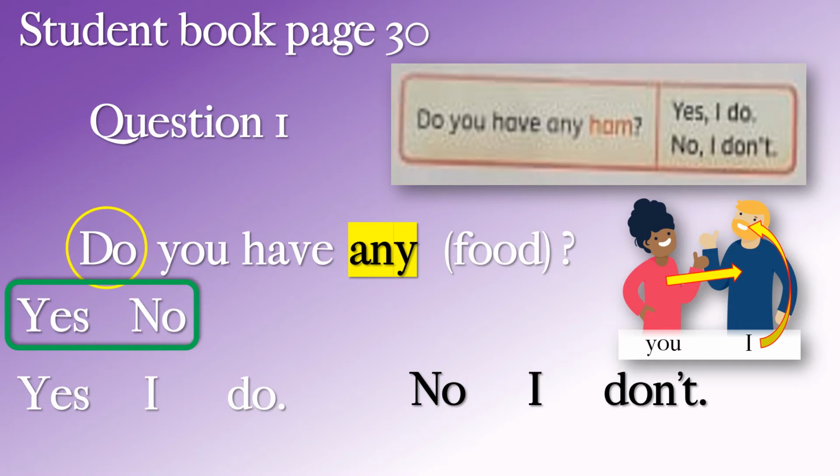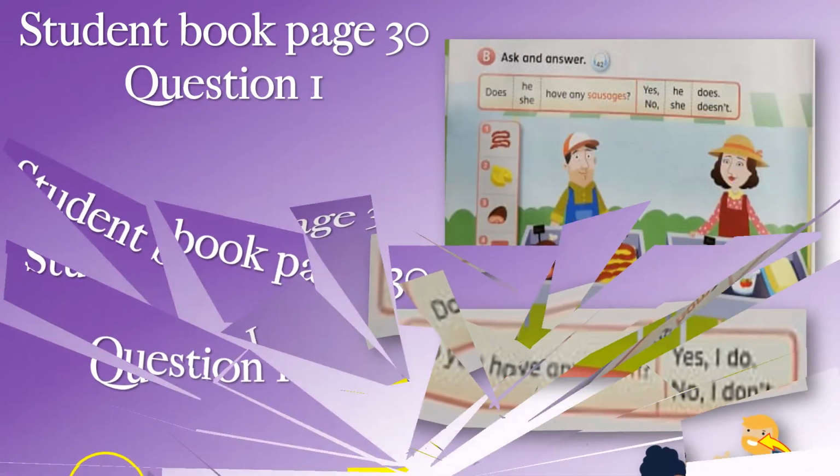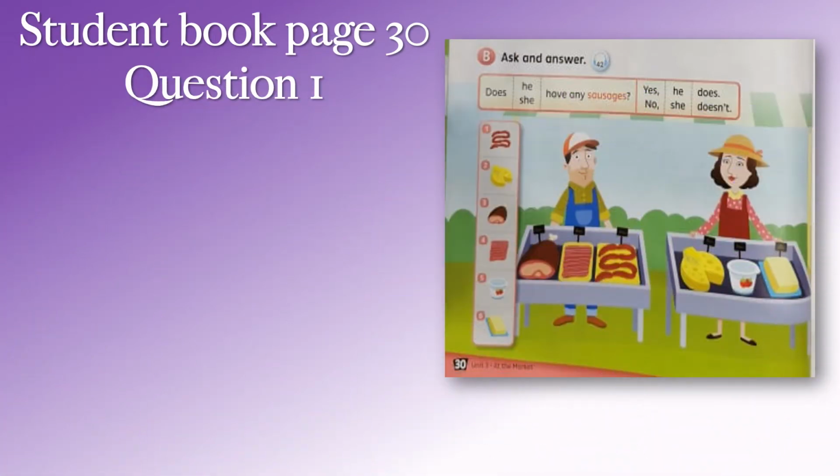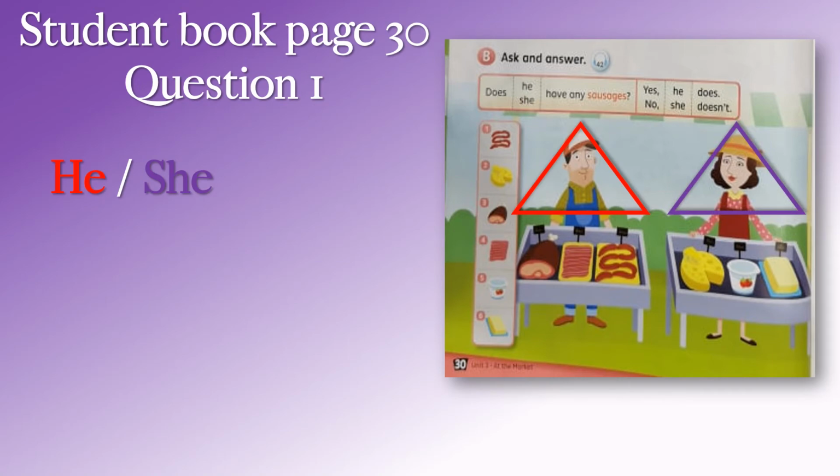Let's look at question number 1 with he and she. Okay, here we can see the picture from page number 30. Now let's look at the question. The question is here, part B, you can see it. So we are looking at he and she. Why? Because there is a man and a lady, and the man and the lady are not you and they are not me.